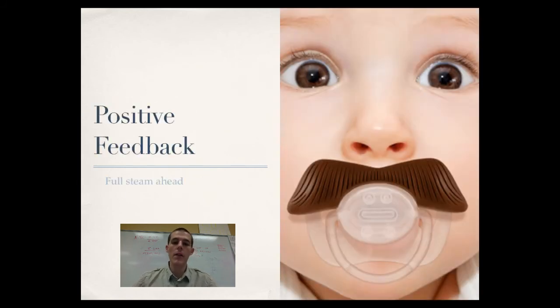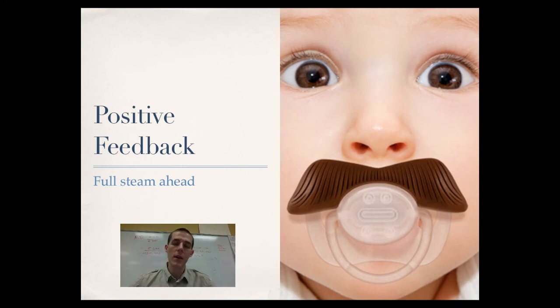Now, the opposite of negative feedback is positive feedback. Where negative feedback shuts off a process, positive feedback pushes a process through to completion, or full steam ahead. The best example of this that I can give you is childbirth. As the baby grows, it presses up against the uterus and the cervix of the mother.